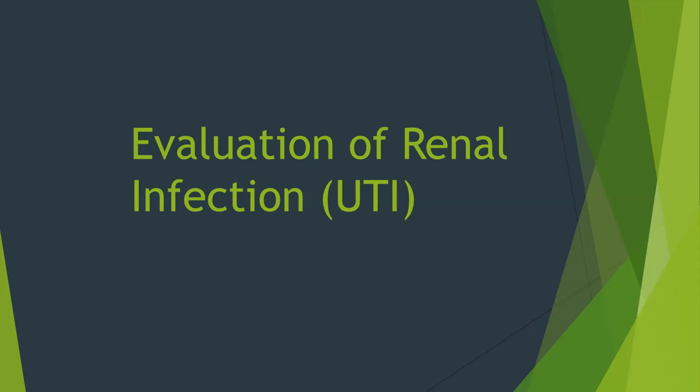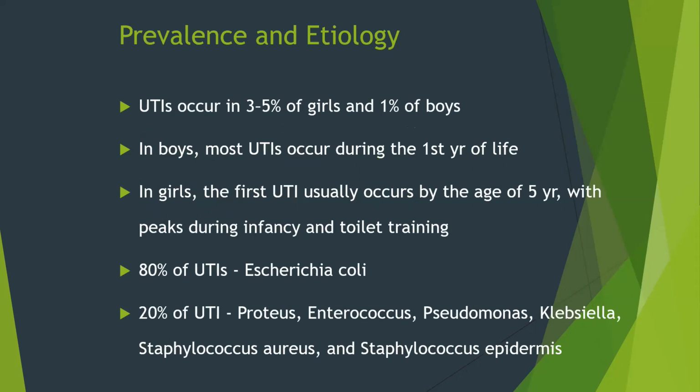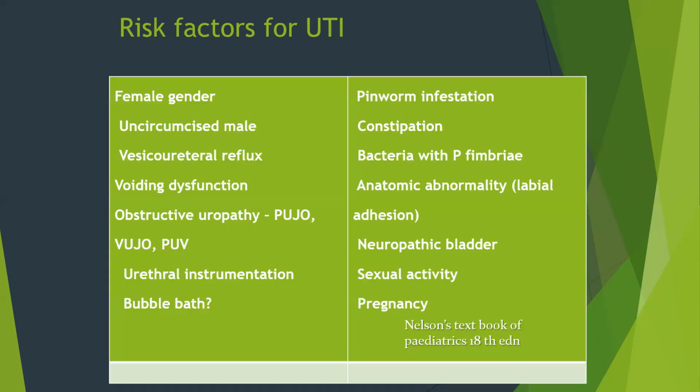Talking about the evaluation of renal infections in UTIs. UTIs occur in 3 to 5% of girls and 1% of boys. In boys, most UTIs occur during the first year of life, and in girls, by the age of 5 years, with peaks during infancy and toilet training, and 80% of these are by E. coli.